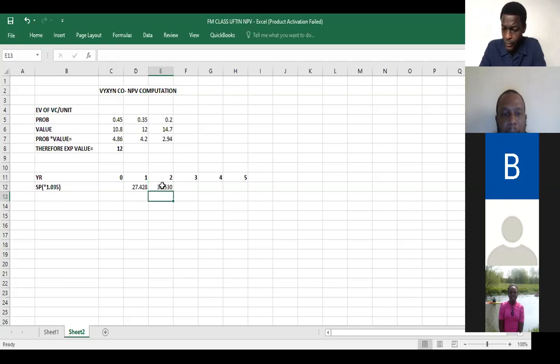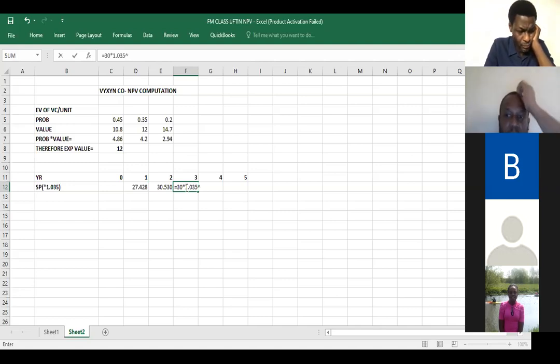Okay. Then the third year, 30. So 30 multiplied by 1.035. Please be very careful when you're doing your calculation that you don't make a mistake and multiply by 1.35. 1.35 is 35%. Just be careful.